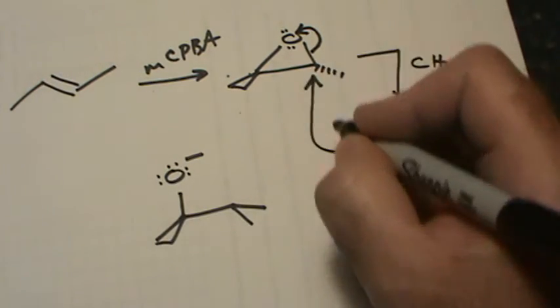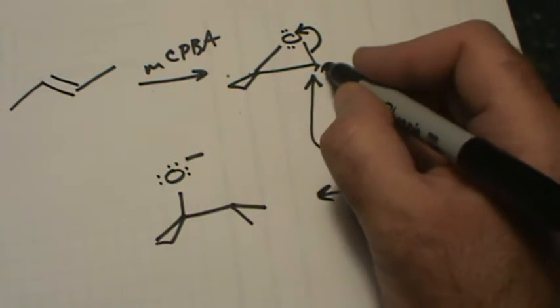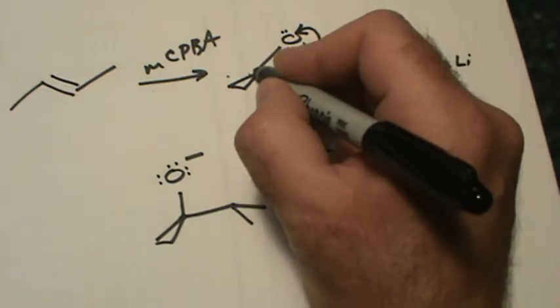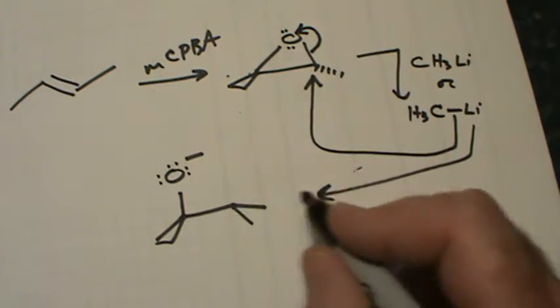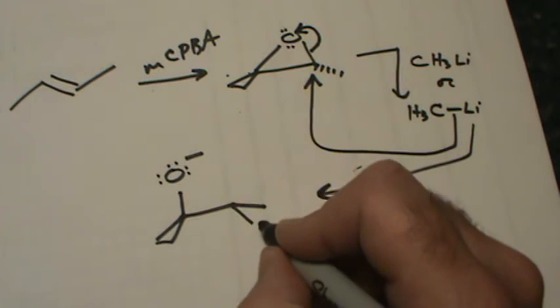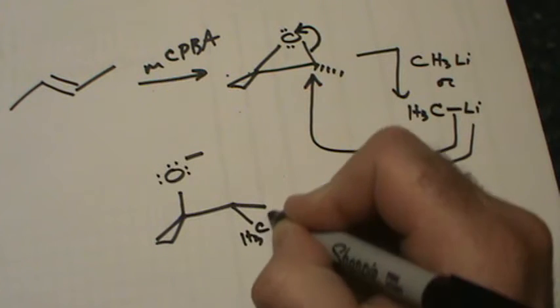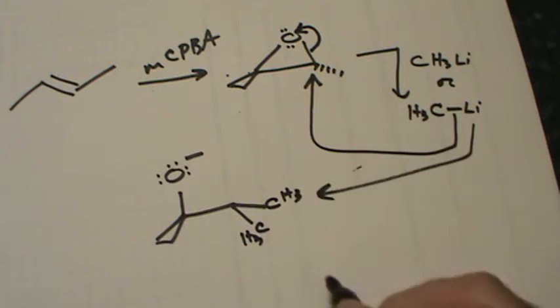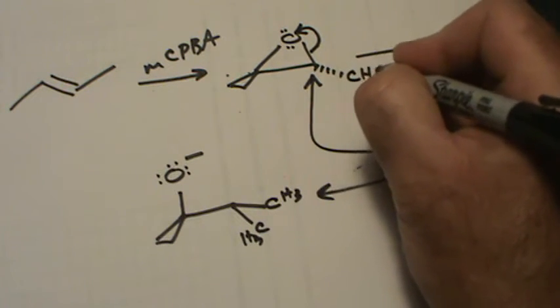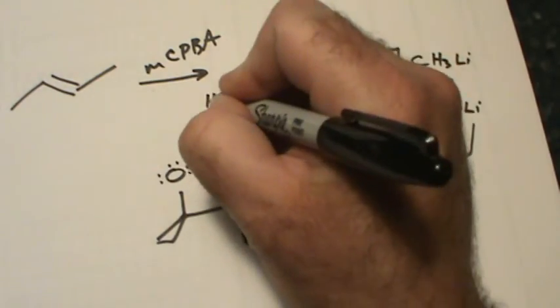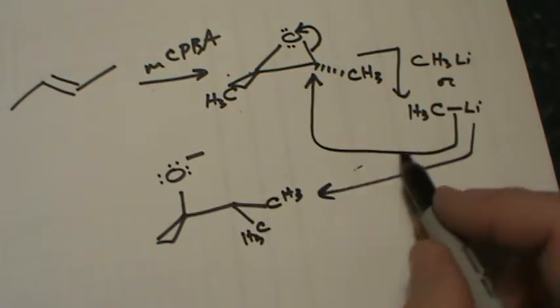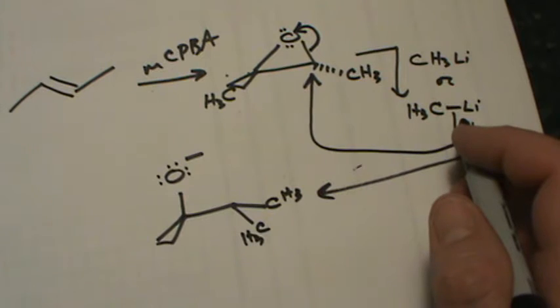I didn't show the hydrogen before, so I'm not going to show it now, but there is a hydrogen attached at this carbon and another hydrogen attached at this carbon, and they're still, of course, there. But notice that now I have two methyl groups, whereas before I only had one. The second methyl group, of course, coming from the methyl lithium.